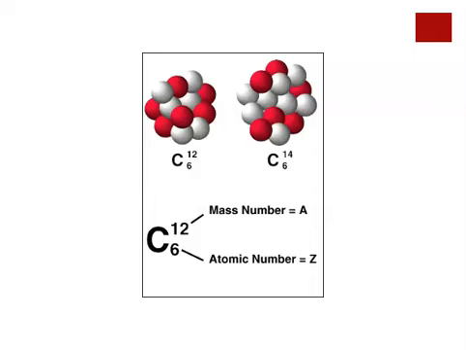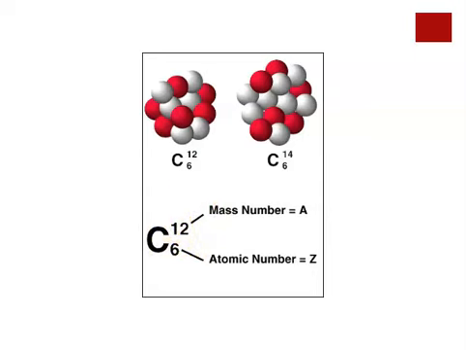So if I have the same number of protons and electrons, the positive and the negative will cancel each other out, and I will have a neutral atom. So in carbon, I have 6 protons, 6 electrons, and 6 neutrons.